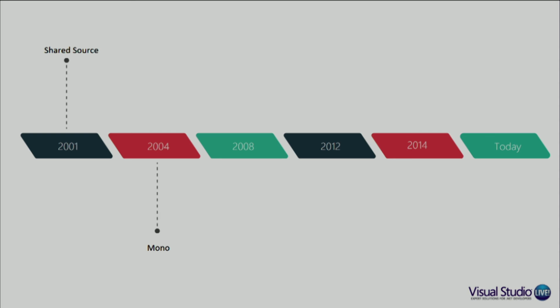In 2004, our friends at Xamarin started building the Mono project, right? They weren't even Xamarin at that point. They were off with Novell, and they built the Mono project, an open source implementation of .NET based on the specifications that we published. In 2008, we actually published the reference source for .NET.